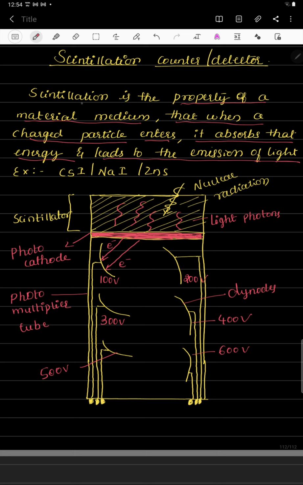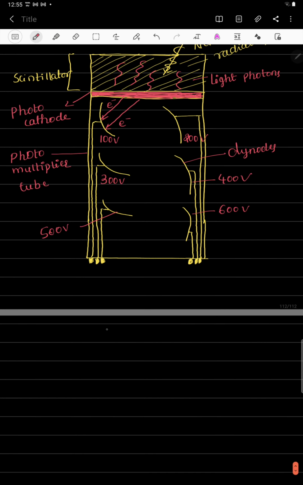So the principle on which this scintillation detector works is that the medium present inside the tube absorbs the energy of the charged particle that is entering, and it leads to the emission of light. Actually what happens is, the charged particle hits the medium present inside the detector.